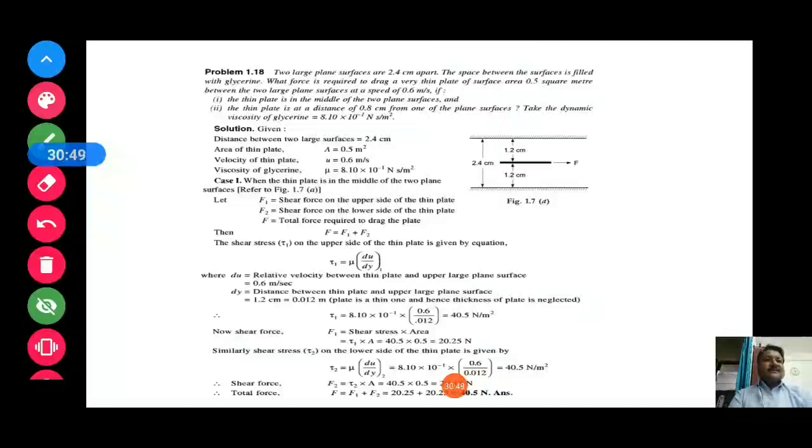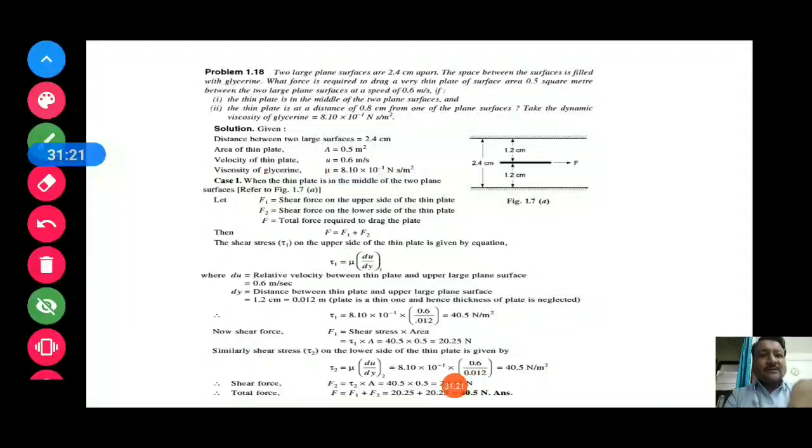Now after understanding the problem, write the given data. The distance between the two large plane surfaces is given as 2.4 centimeter. Next, the area of the thin plate is given, that is 0.5 meter square. The velocity of the thin plate is given, u is equal to 0.6 meter per second.